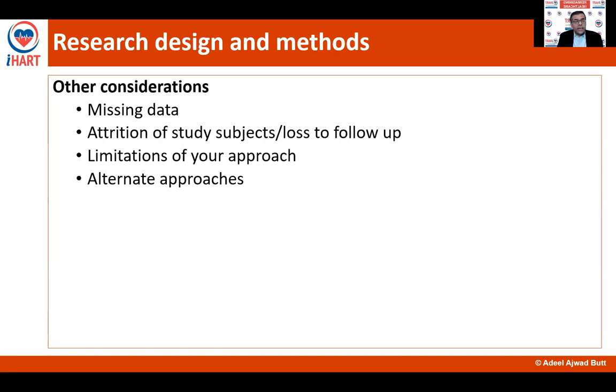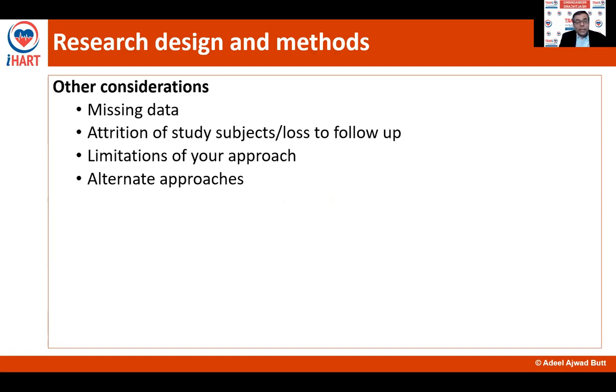Other considerations in research design methods are there is always an issue of missing data, and there are strategies that you can deploy to address that. You can do imputations of various sorts, or you can do analysis with or without missing data. So there are robust statistical techniques that you can use to address that.